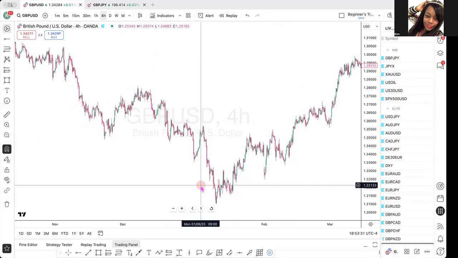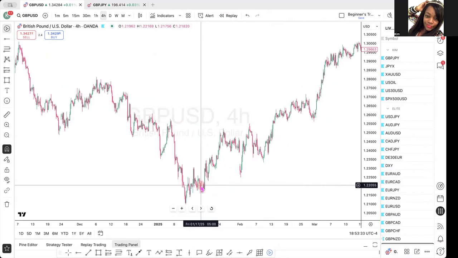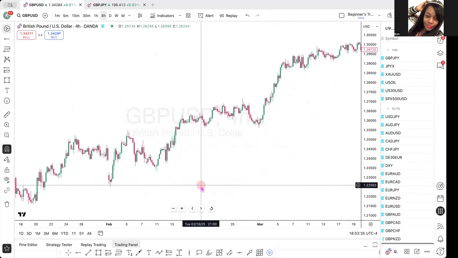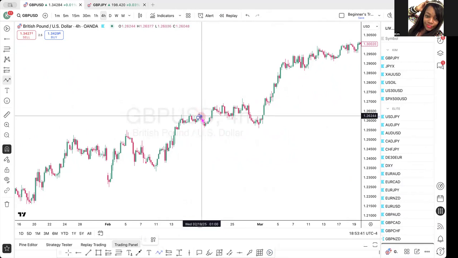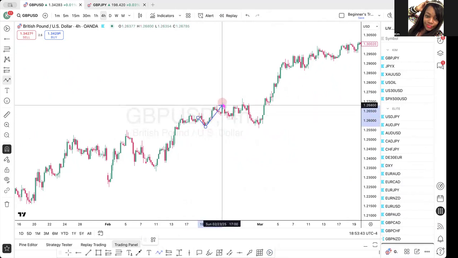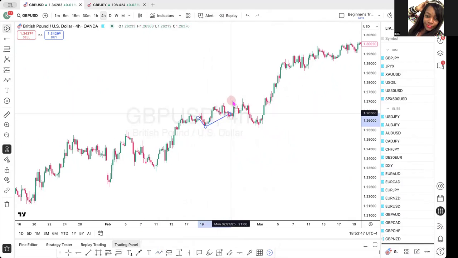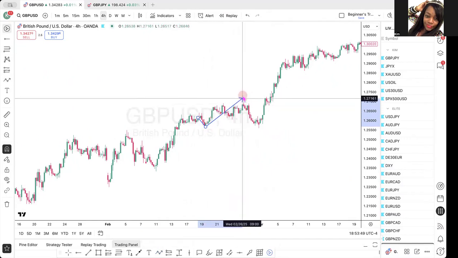So for instance, let's just use this 4-hour structure right here. You have this here, here, and then price came up here, right? Actually, it came a little further up right here.